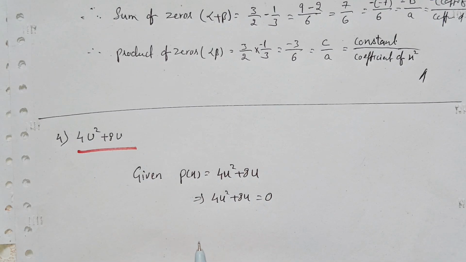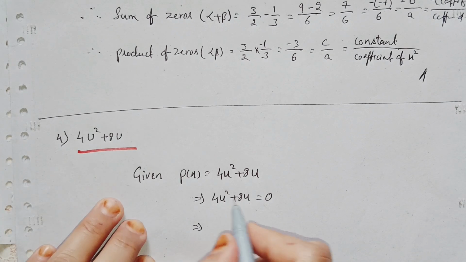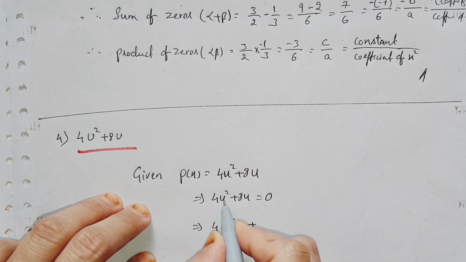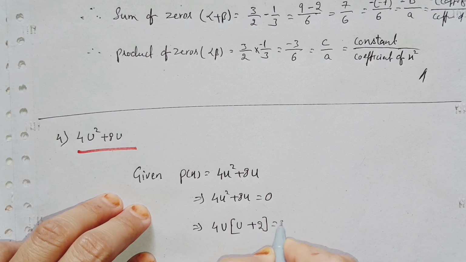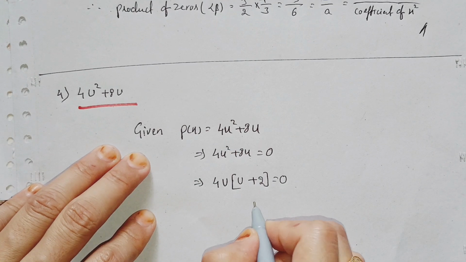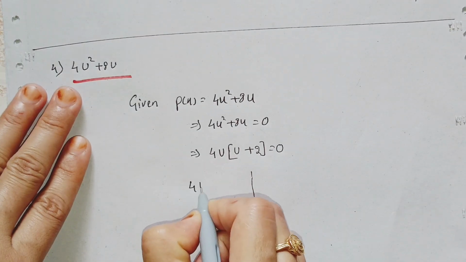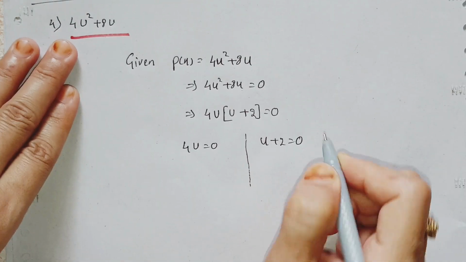Then the next step: here what is common? I am taking 4u as common, then the left will be u plus 2, since 4u into u is 4u square and 4u into 2 is 8u, equal to 0. Here I am getting two conditions: 4u equal to 0, and u plus 2 equal to 0.